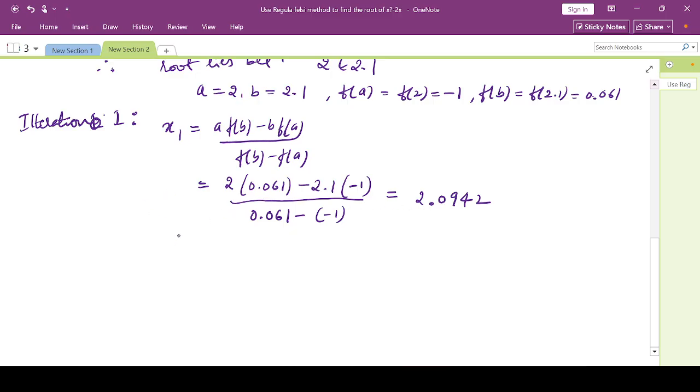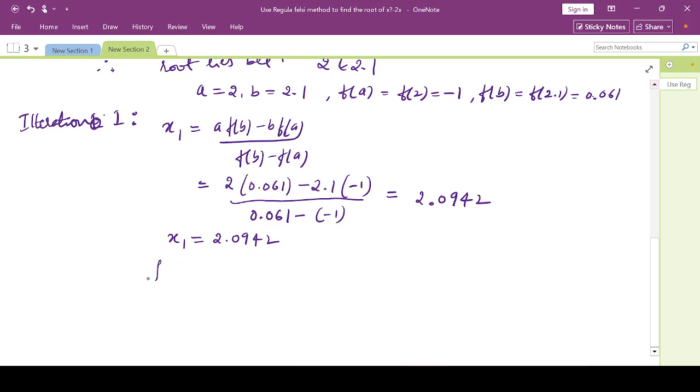So therefore we conclude that the first approximation or first iteration is 2.0942. Now once again, before using iteration number 2, I need to verify the value of x, whether by substitution of x is equal to 2.0942, the given function f of x takes positive value or negative value.